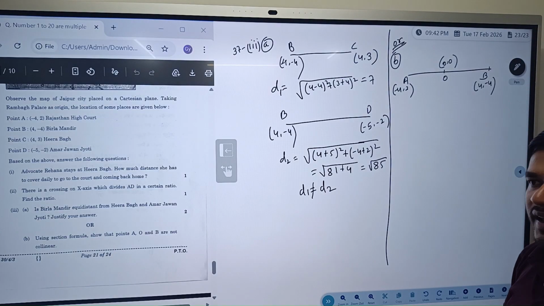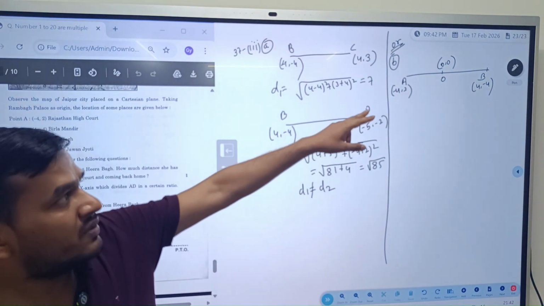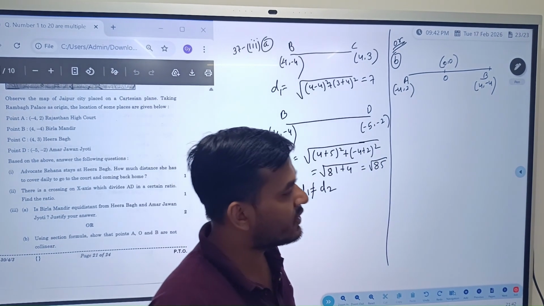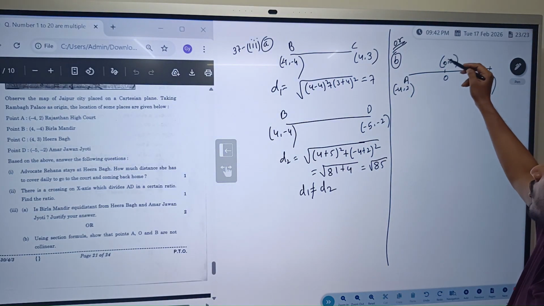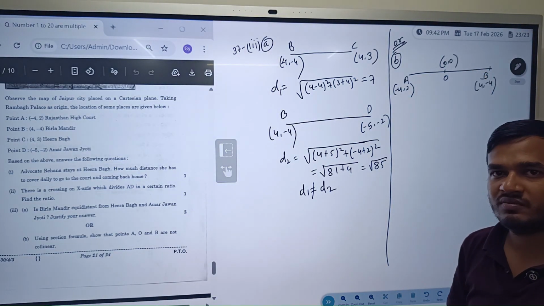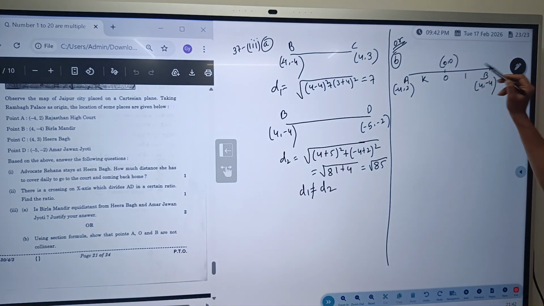Now we have to prove A, O, B are not collinear. See, we know the coordinates of all 3 points. So with the help of the section formula and the x coordinate of O, we will find the ratio. Let point O divide AB in k is to 1 ratio.